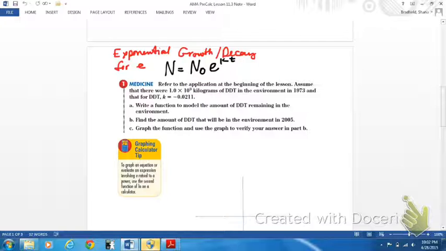So that's the exponential growth and decay function if we are using e there.